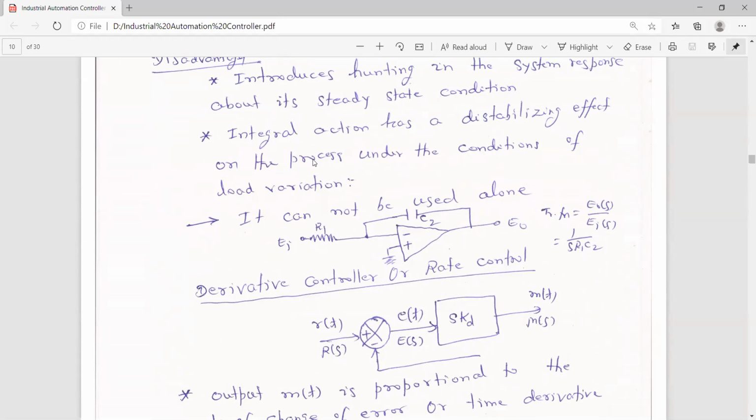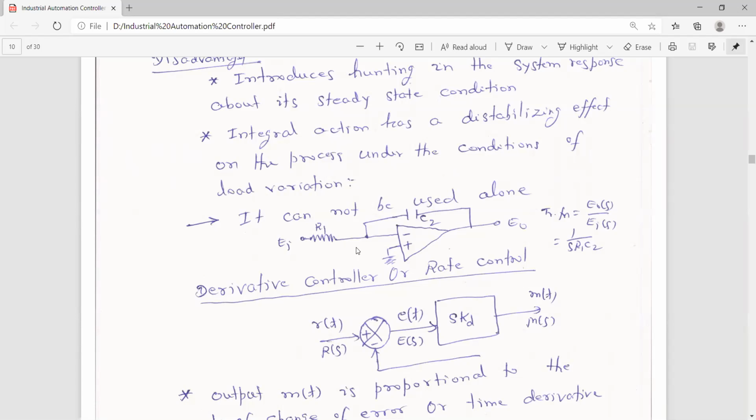So this is known as hunting, and this is the major drawback. Integral control action also has a destabilizing effect on the process under conditions of load variation. So these are the drawbacks.